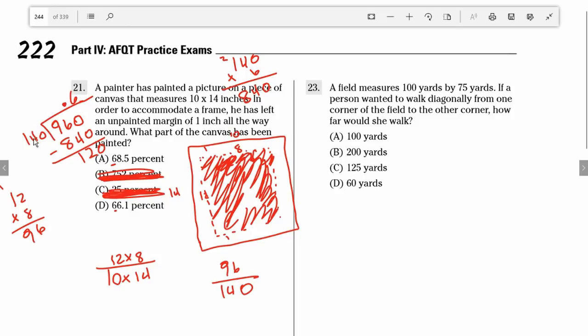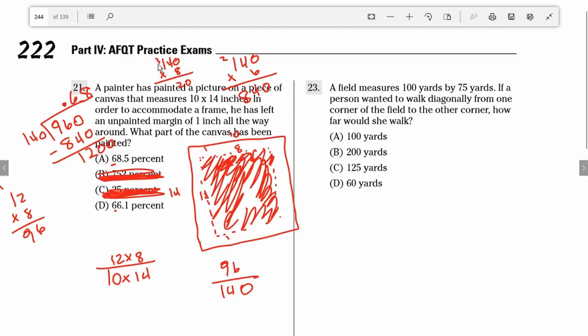Now the question is, how many times does 140 go into 120? It doesn't, so we have to add a 0. How many times does 140 go into 1200? It's either going to be 8 or 6. In this case, we know it's going to be 8. So we're going to do 140 times 8. 0 times 8 is 0. 8 times 4 is 32.